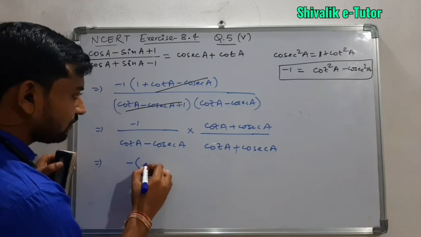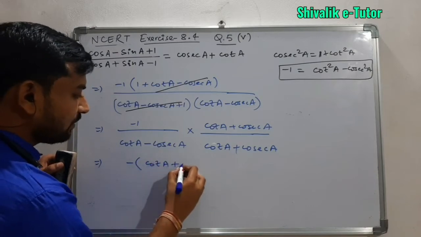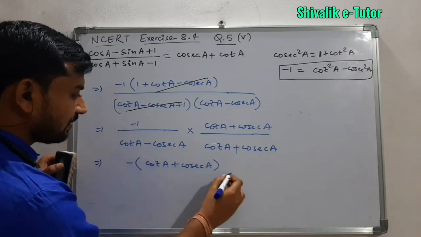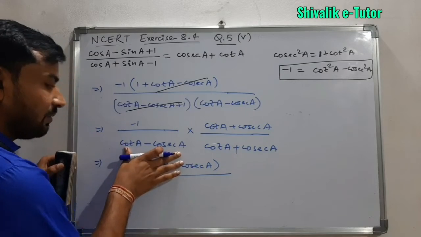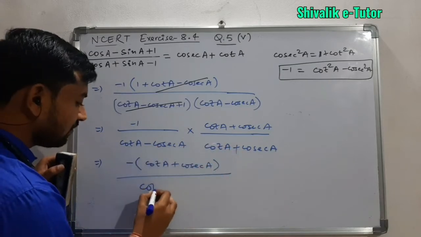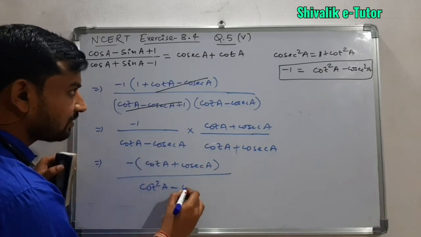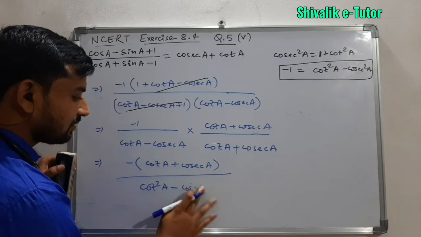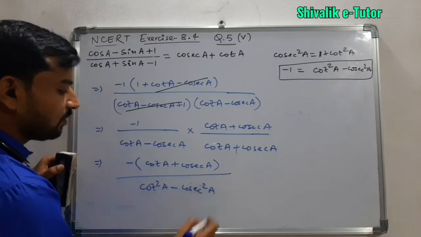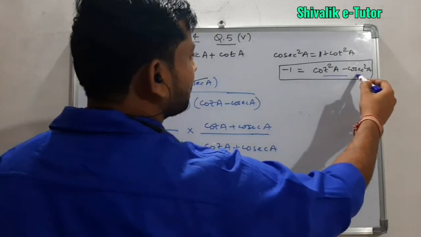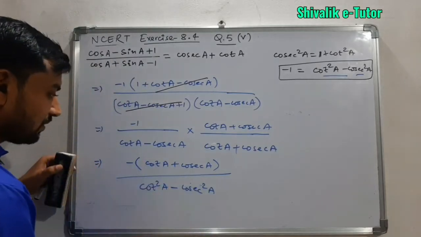We have minus of cot A plus cosec A upon, here we have A minus B into A plus B, which is cot square A minus cosec square A. Now look at this result. Cot square A minus cosec square A is nothing but minus 1.